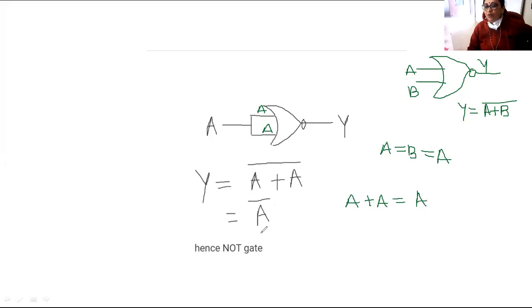And therefore, it will be A bar. So Y becomes A bar. That means if you apply 0 here, you will be getting 1. If you apply 1 here, you will be getting 0. And therefore, this circuit will act as a NOT gate. Okay?